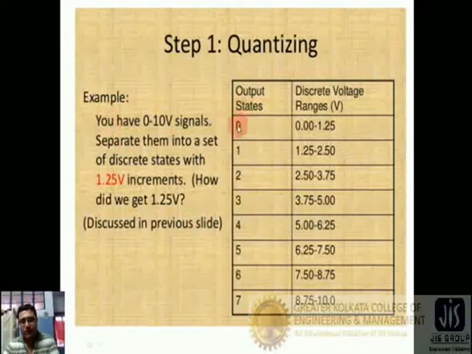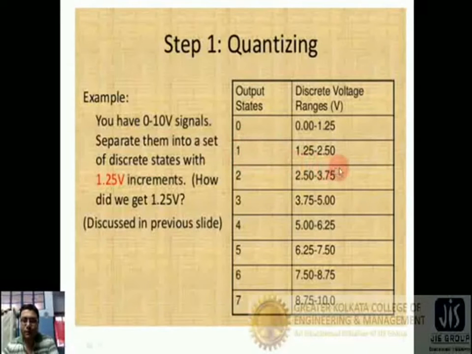That means if the input signal is in the range between 0 to 1.25 volt, it is represented as state 0. If the signal voltage is between 1.25 volt to 2.5 volt, that is represented by state 1. In this way, we discretize or quantize the input signal into certain states.